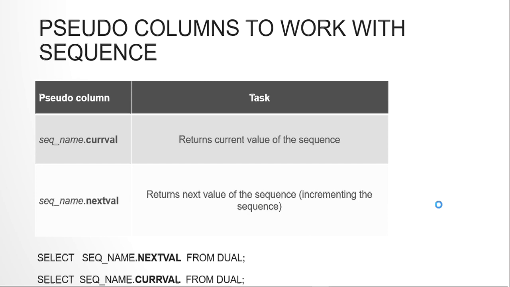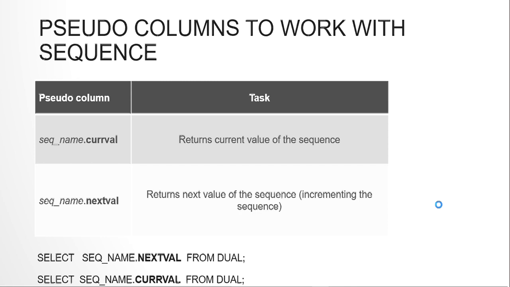And one more thing that we need to remember over here is, in a session, first of all, when you are using a sequence, you need to get the next value. You need to increment the sequence. Once you have incremented the sequence, then you can get the current value of the sequence. You might have incremented the sequence in some other session, but that won't work.